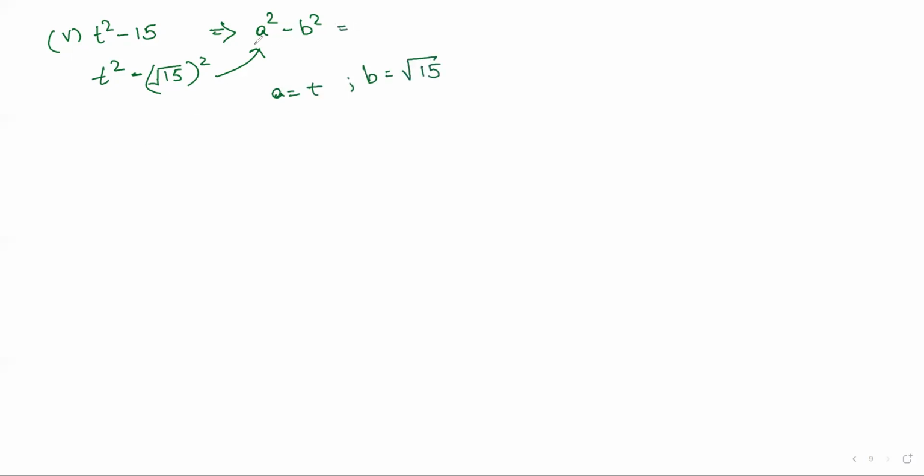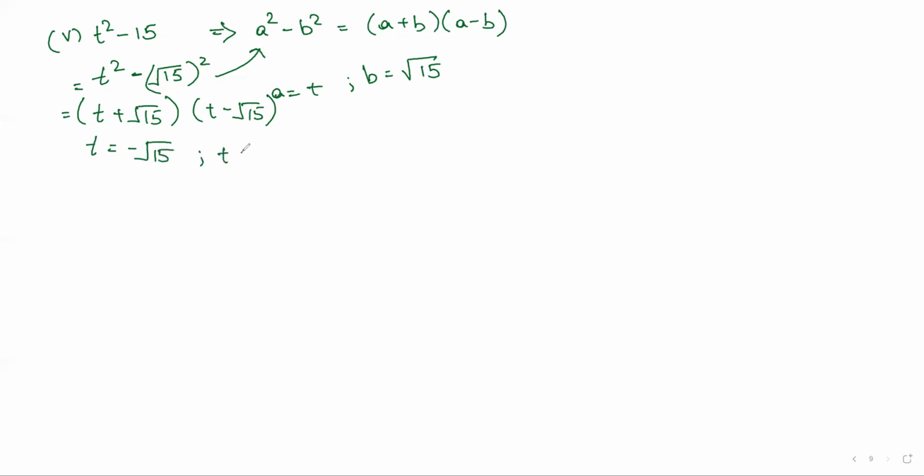We know that this expression has an expansion a plus b and a minus b, thereby splitting the square terms into linear expressions. So this value can further be written as t plus root 15 and t minus root 15. Equating each expression with 0, t is equal to minus root 15 and t is equal to plus root 15. These are the required roots.